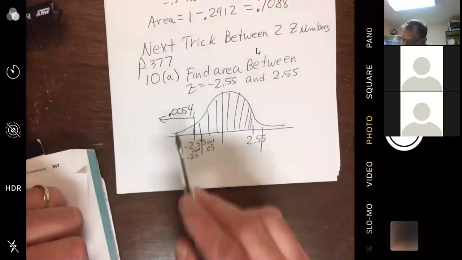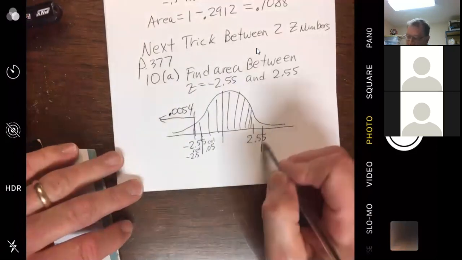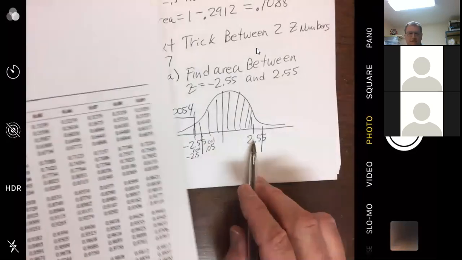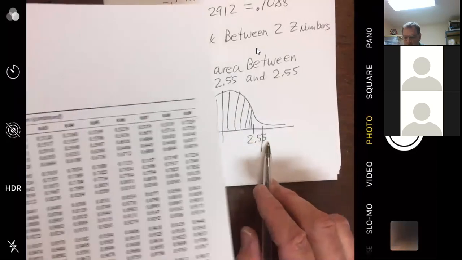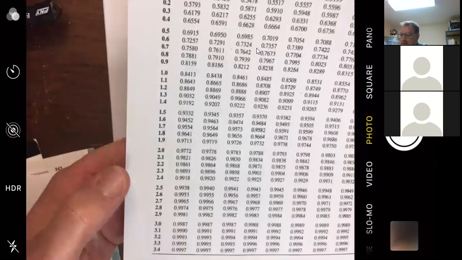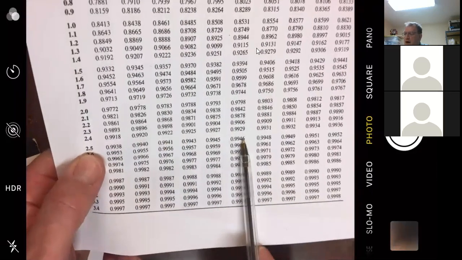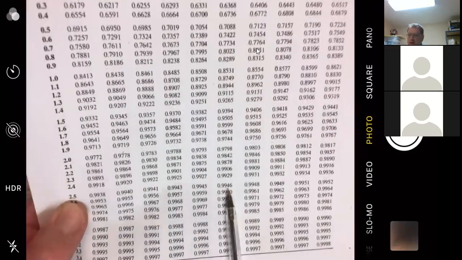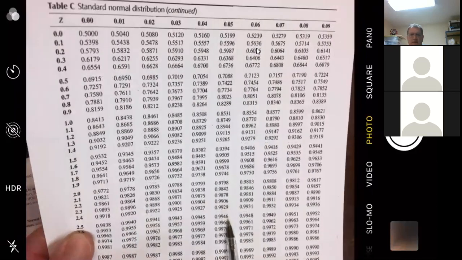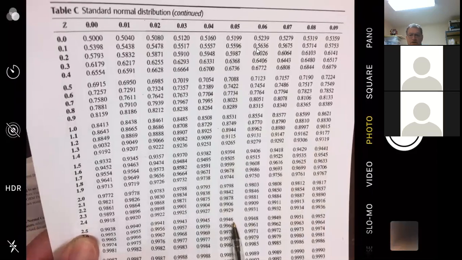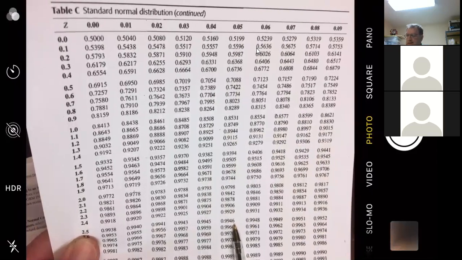Okay, so let's play the same game with this number, but we have to go to page 2. Positive 2.5 row, 05 column. See the 05 column down to the 2.5 row? And what number do you see? 0.9946.